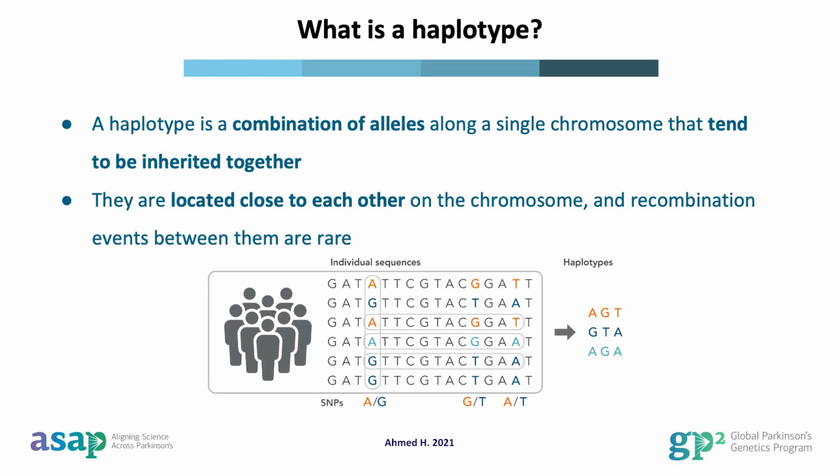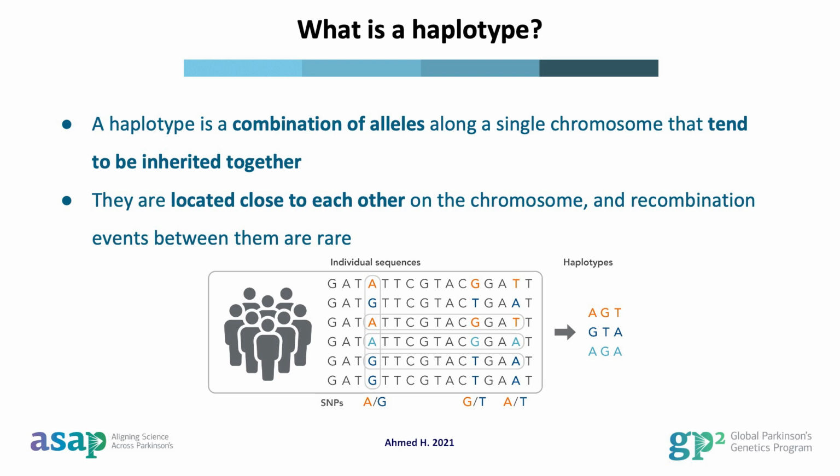A haplotype is a combination of alleles on a single chromosome that tend to be inherited together. They are closely located on a chromosome, with rare recombination events between them. In this image, representing sequences from 6 different individuals, we observe only 3 possible combinations for the marked alleles: AGT, GTA, and AGA.